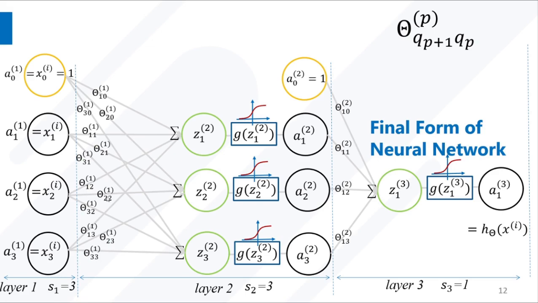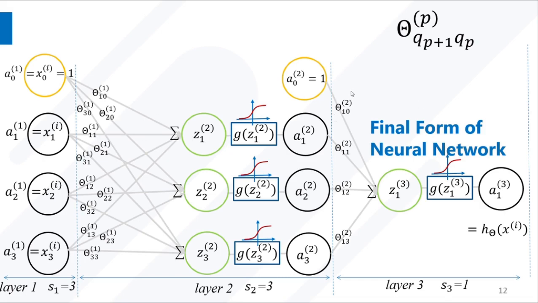Similarly, for example, 1 2. Why 1 2? Because this is going to 1, the next layer unit number, and 2 is the unit number of the first layer. In this way, we have to define the superscript and the subscript.